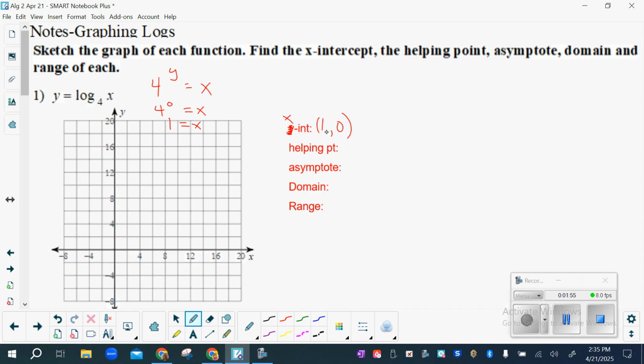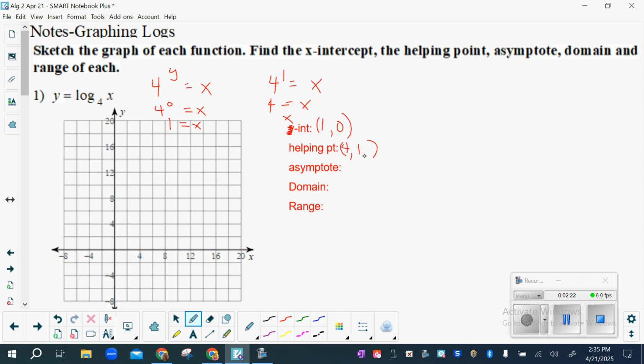Okay, so now our helping point, what might be an easy number to put in there? 1. So we're going to do 4 to the 1 equals x. So x is 4. What would the point be? It's a little tricky. 4, 1, because my x value is 4 and my y value is 1.